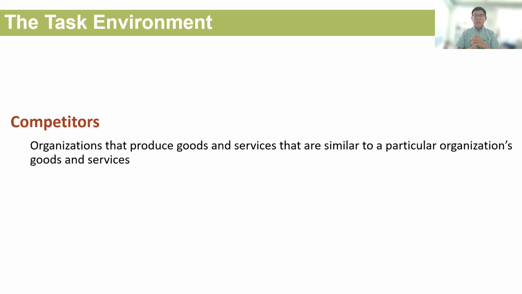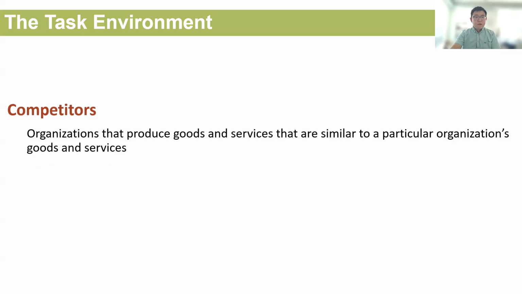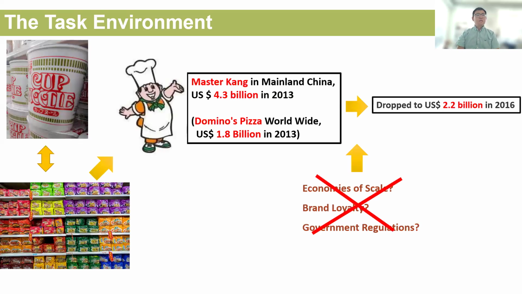But I want to challenge this definition a little bit, because I'm working on some research that gives me different answers. For example, have you heard of cup noodles? I know it's not that popular in the US, but if you go to East Asia, China, Japan, South Korea, you will see cup noodle is a big thing.